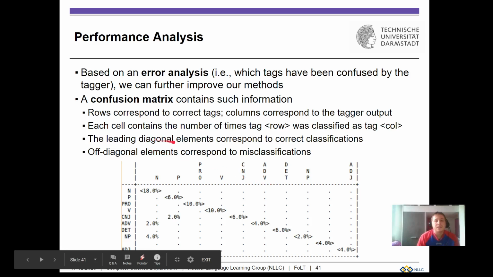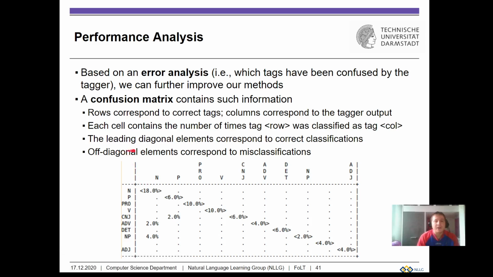The diagonal elements correspond to the correct classifications, and off-diagonal elements correspond to misclassifications. Now in this case here we have a percentage number.